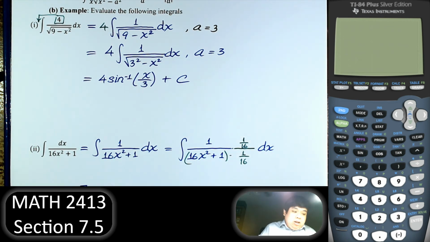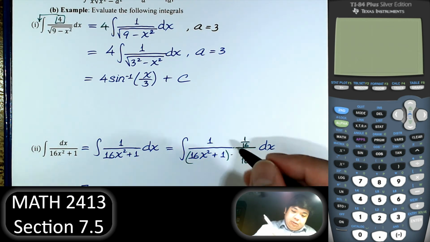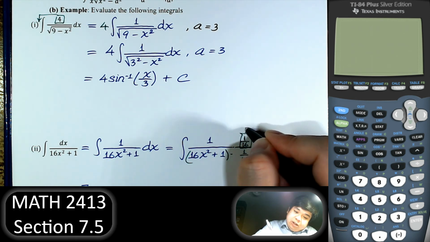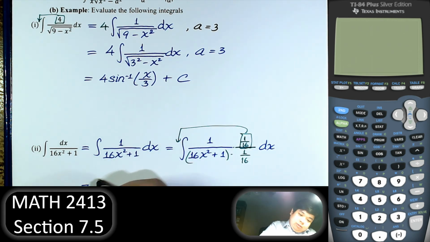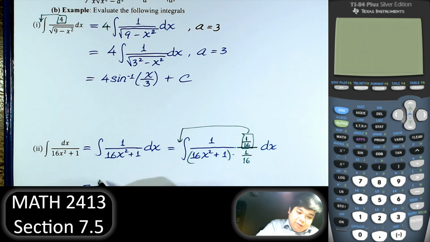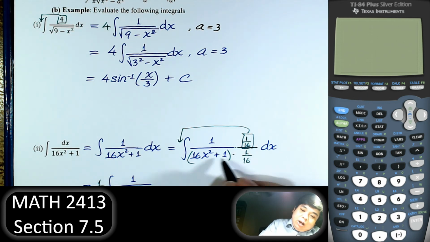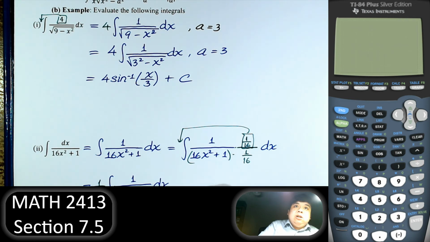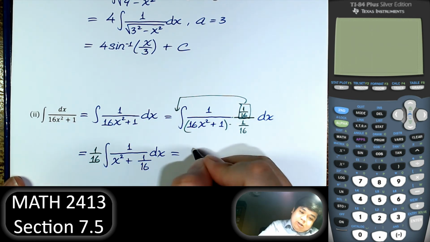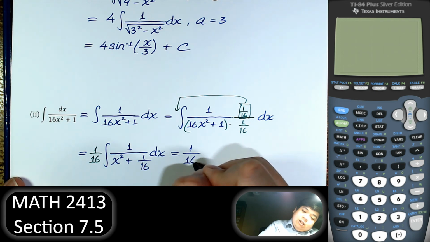Multiply the bottom. The top, don't do anything, just put that on the outside. Multiply by 16 to cancel, and we get x squared plus 1 over 16.